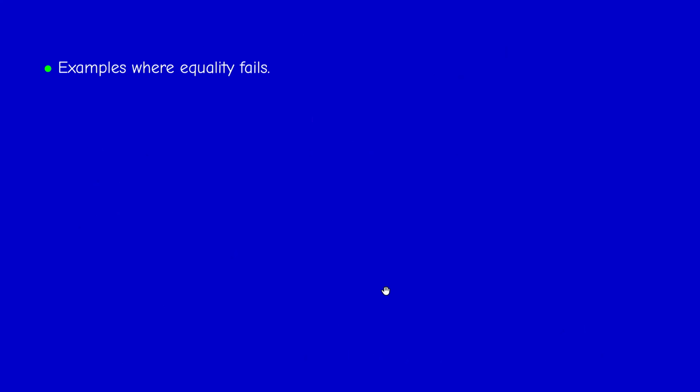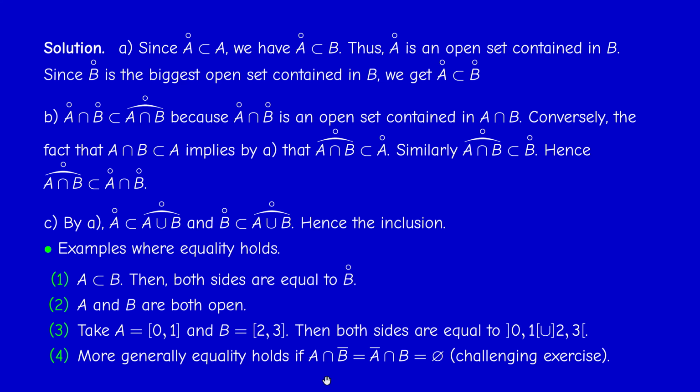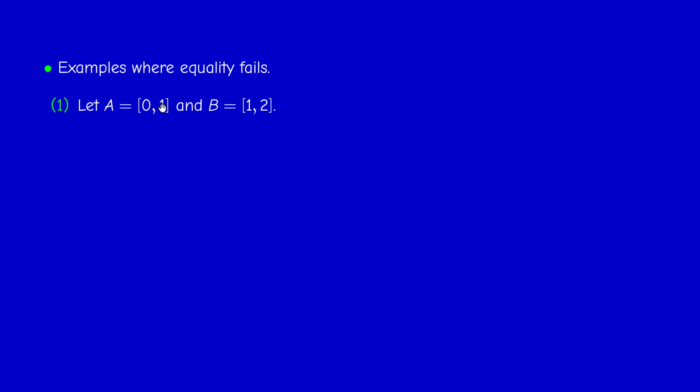Now, examples where equality fails. Take two sets that do not satisfy this condition. So they meet, for example, [0,1] closed and [1,2] closed. Of course, you could take, for example, (0,1) and (1,2), same thing, doesn't matter actually.